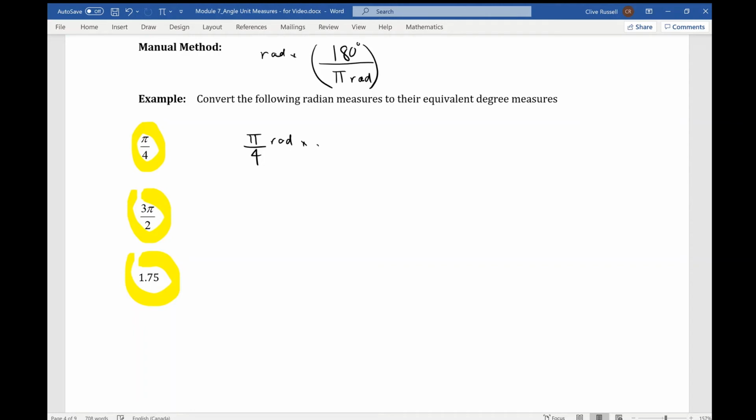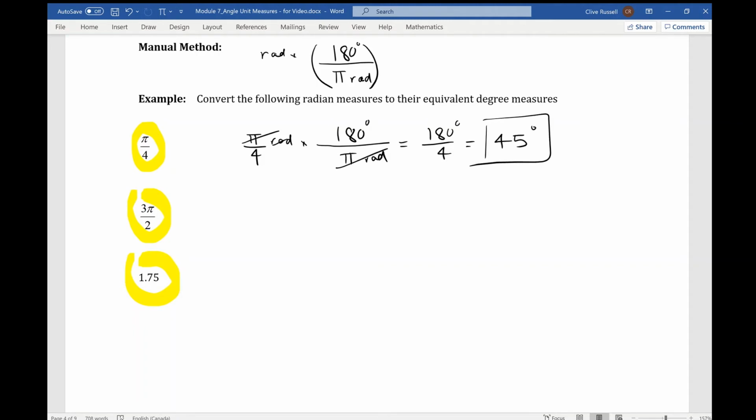We have to multiply by the factor 180 degrees by pi radians. Well, right away you see that the pi's go and the radians go, so you're left with 180 divided by 4. 180 degrees divided by 4, which is just 45 degrees.